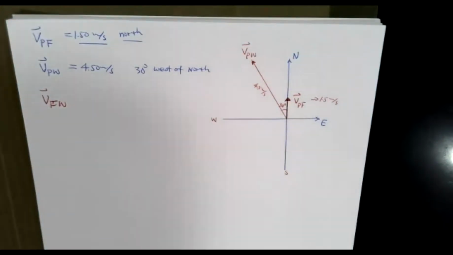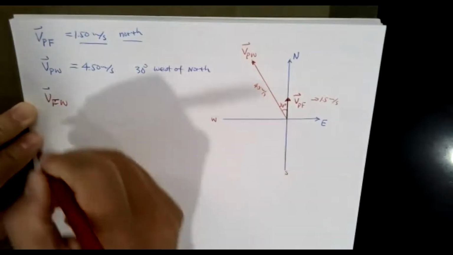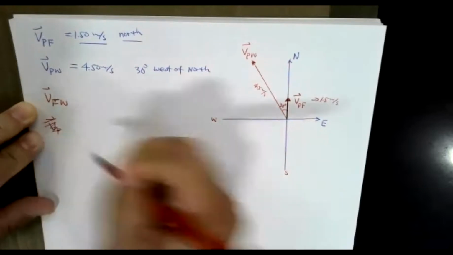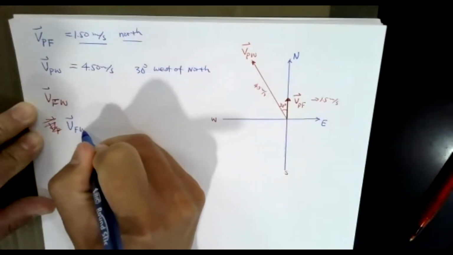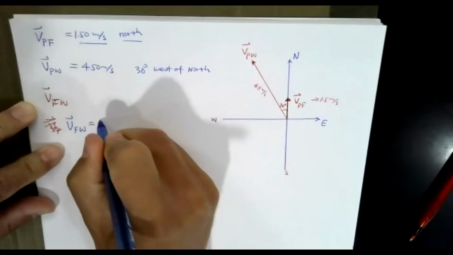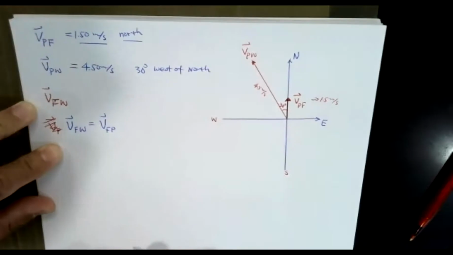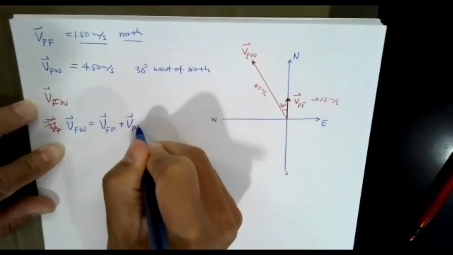Now we can come up with the ferry with water. We can write it in the subscript form. If we are looking for the velocity of the ferry with respect to the water, then you can write it this way: velocity of ferry with respect to the person, plus velocity of person with respect to the water.